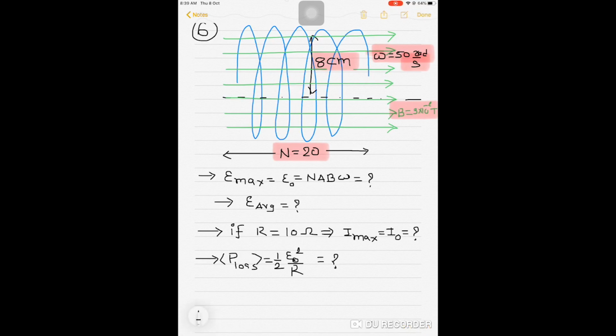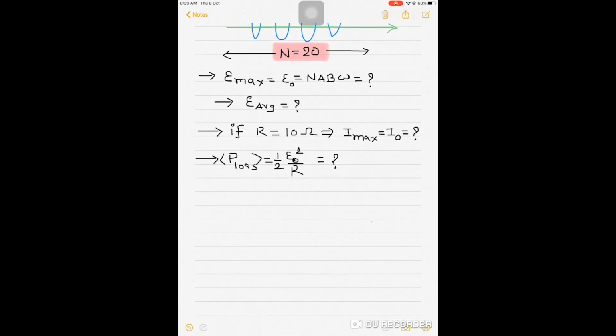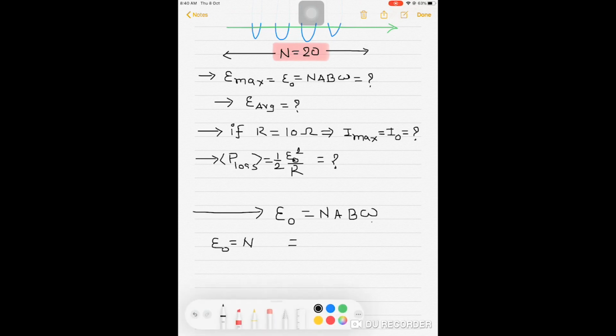So now what will be our step for the maximum EMF induced? E0 is equal to N A B omega. Here N, the number of turns, is given as 20. Then A can be written as pi r square, B is given, and omega is also provided.